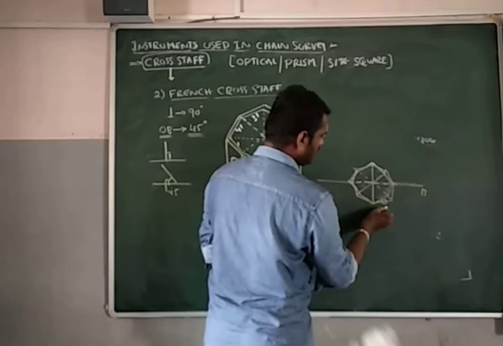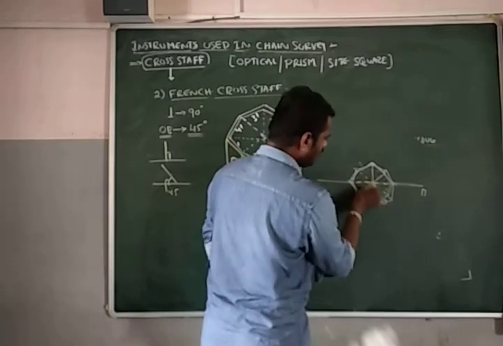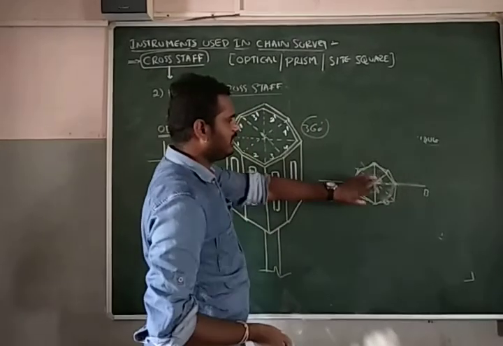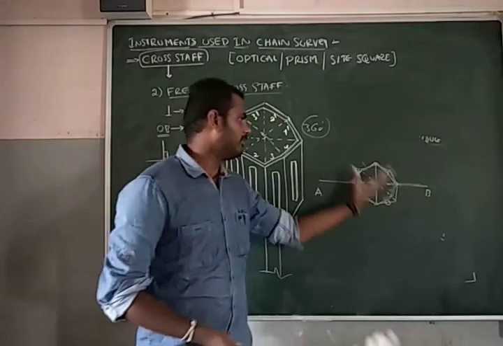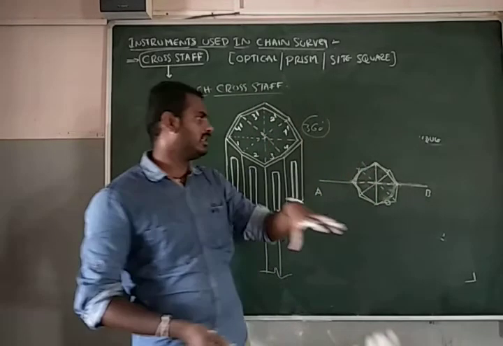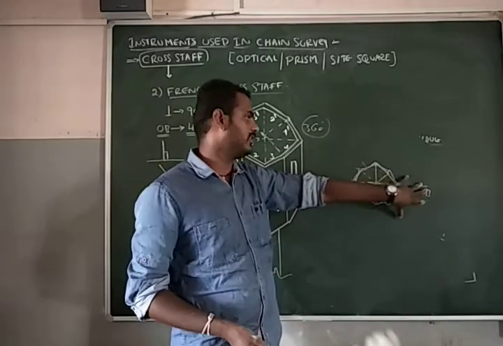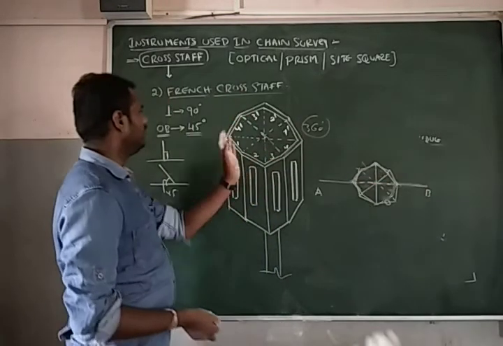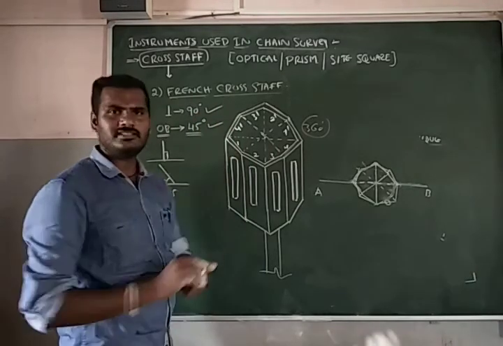Now by observing over here, if you take the offset, automatically you will get a 45 degrees angle. I am unable to explain in detail here because if you go to the site, when we deal with this equipment, I can explain it there really very well. So it is really very important to take both 90 degrees and 45 degrees angles.